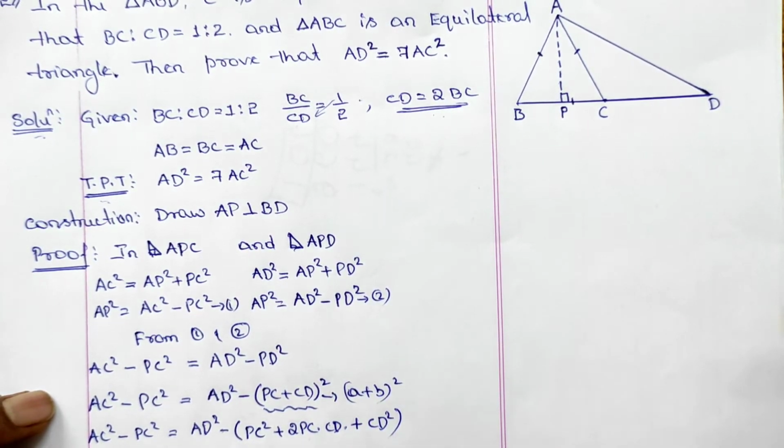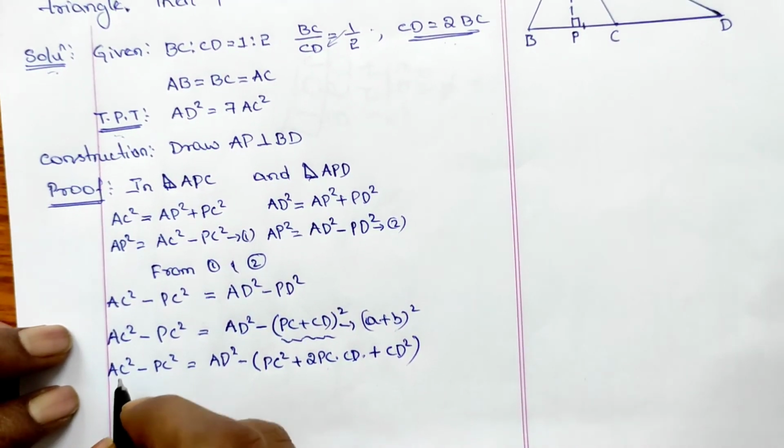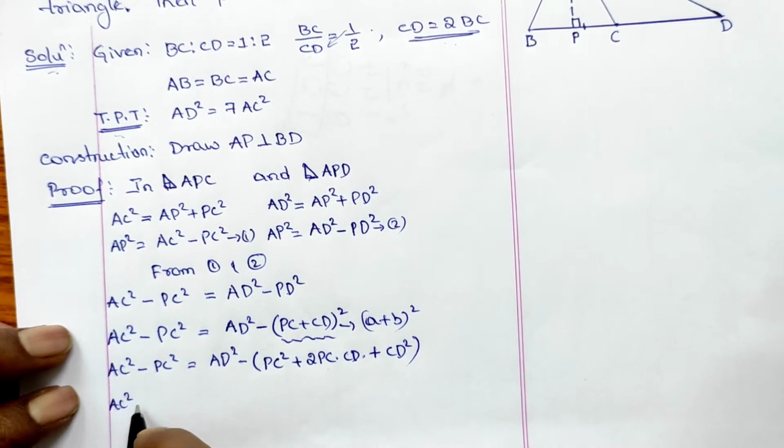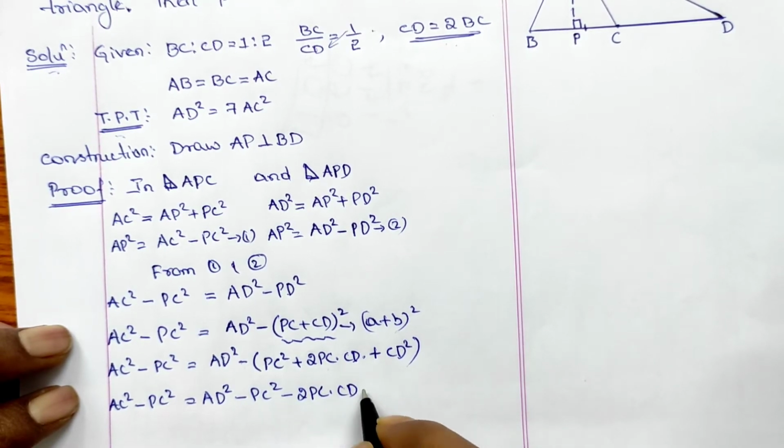Now multiply by the minus sign outside the bracket: AC square minus PC square is equal to AD square minus PC square minus 2PC into CD minus CD square.